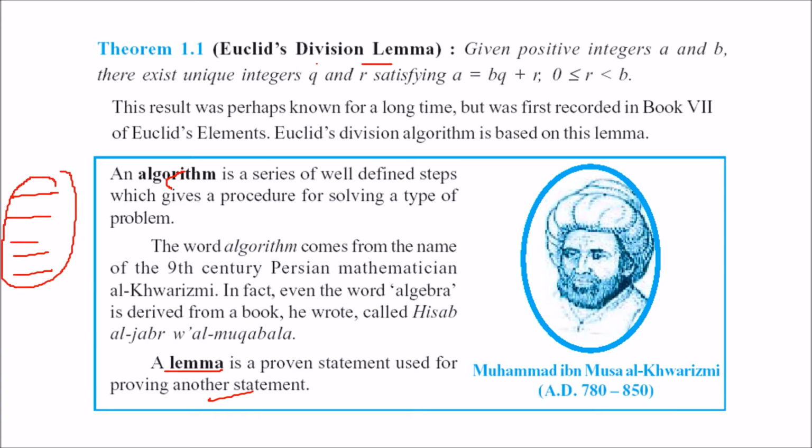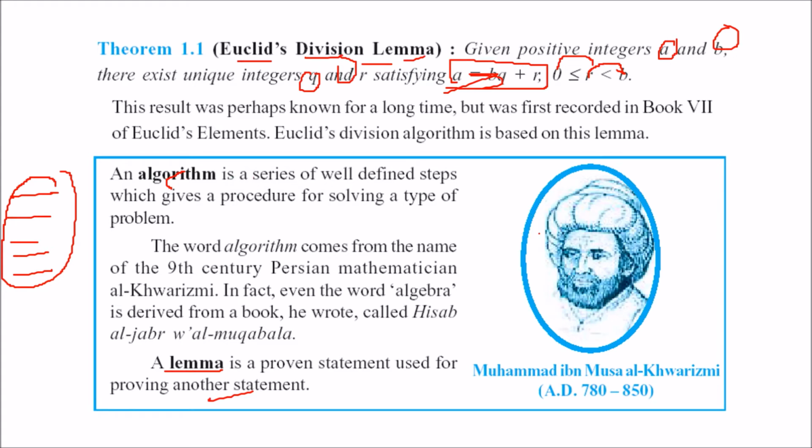So Euclid's division lemma says that if you are given positive integers a and b, there exist unique integers q and r such that a is equal to bq plus r, where r lies between 0 and b. We have known this for quite a while, we have done this in previous classes, and now we formalize it as Euclid's division lemma.